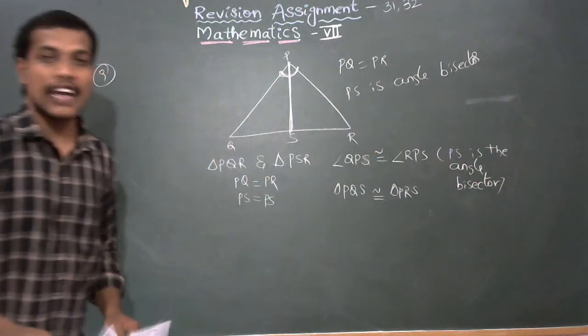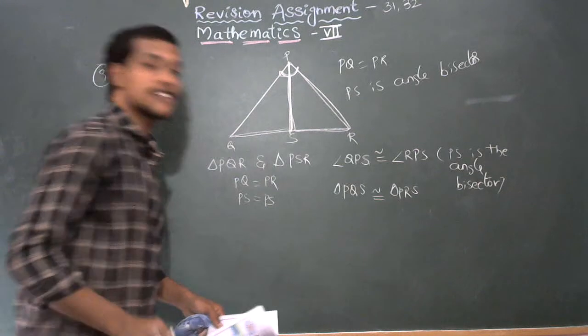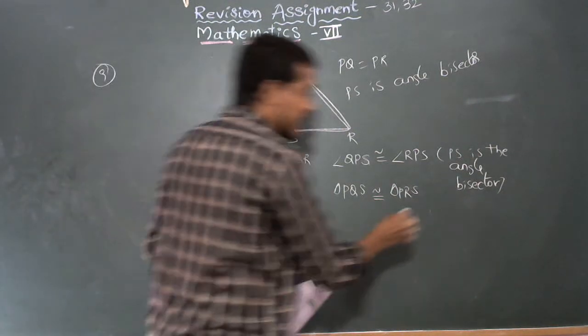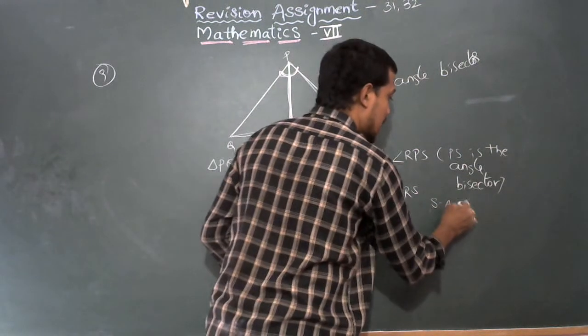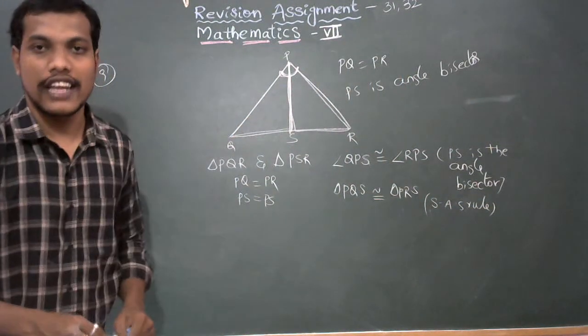Why are they congruent? This is side-angle-side, the SAS rule. That's why these two triangles are congruent.